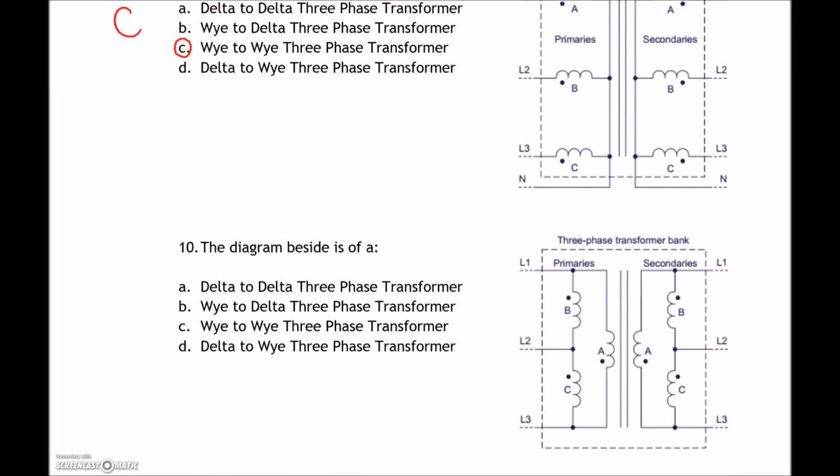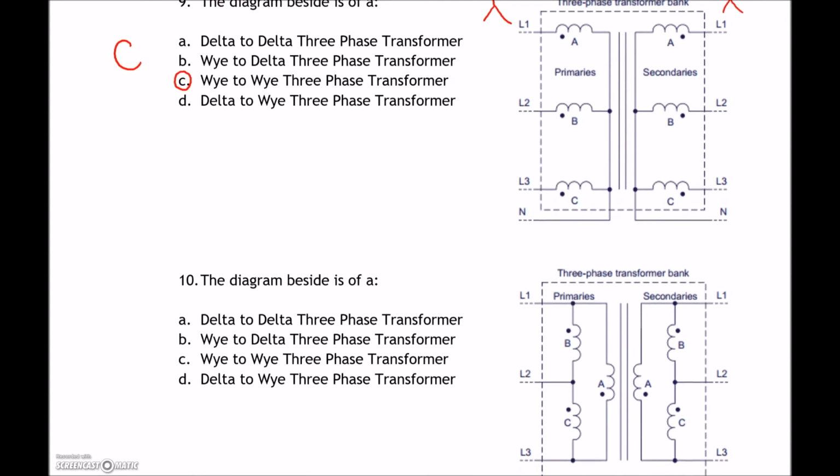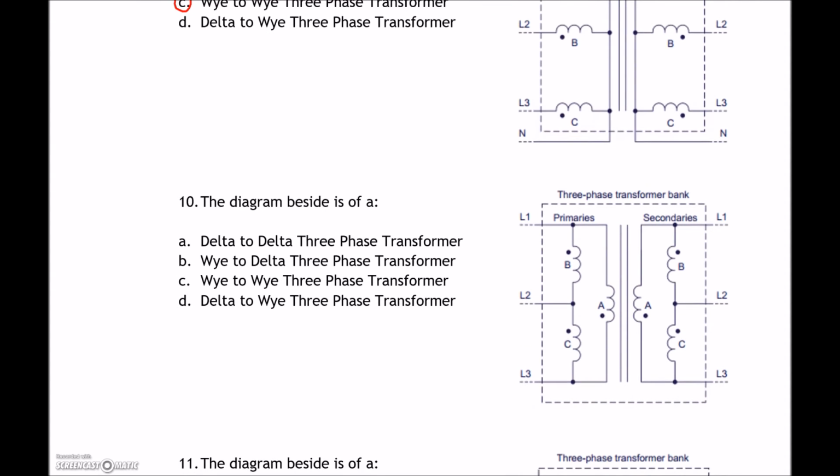Well, if you take a look at these diagrams, this one's different than this guy right here, right? So most likely this is going to be a delta, but let's just make sure. The rule for the delta, remember, was A to B, B to C, and then C back to A. Okay, so let's see. We've got this winding right here that is referencing A. So I'm calling this guy A, B, and C, right?